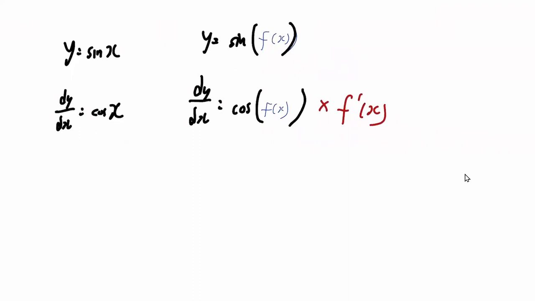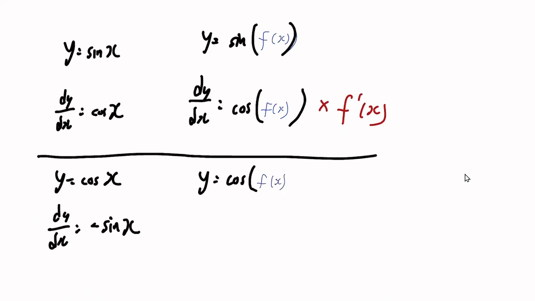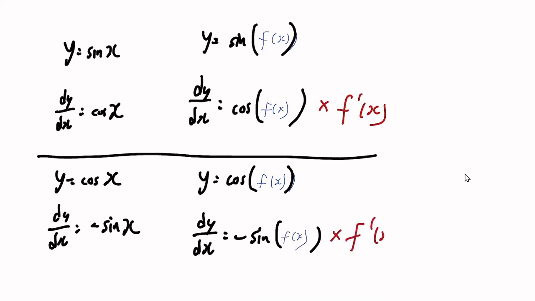Likewise for the others. If y equals cosine x, differentiate, what do you get? Negative sine of x. Need to memorize. Now we upgrade to y equals cosine f of x. Differentiate, you get negative sine, inside keep the same, but you need an extra times f prime of x.